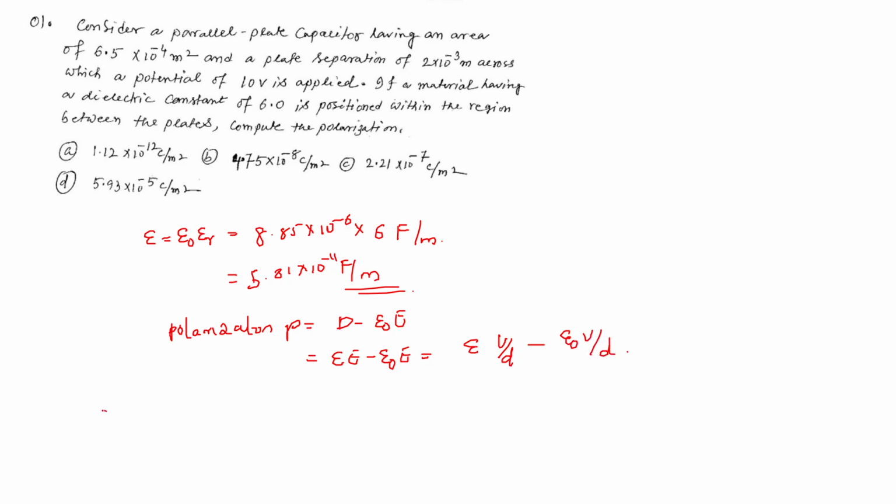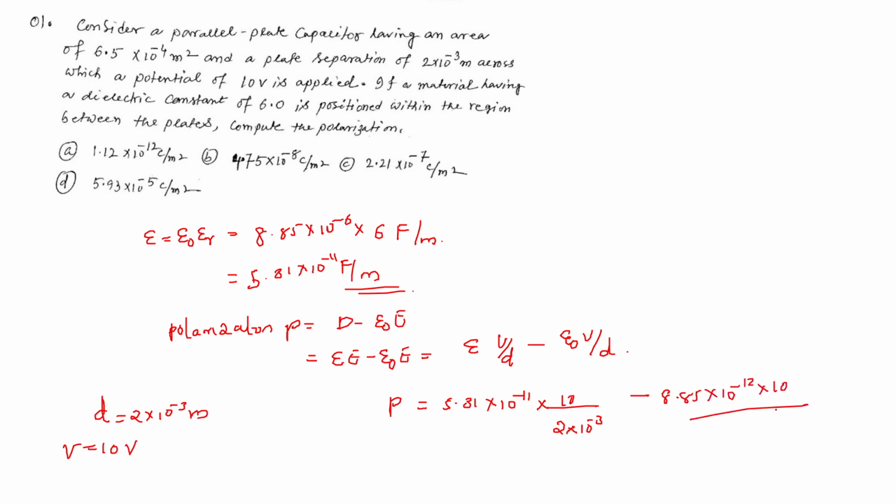Now we know from the question that d = 2 × 10^-3 m and V = 10 V. Then polarization P will be 5.31 × 10^-11 × 10 divided by 2 × 10^-3, minus 8.85 × 10^-12 × 10 divided by 2 × 10^-3. So you have to find the answer. Just try and let me know which answer will be correct.